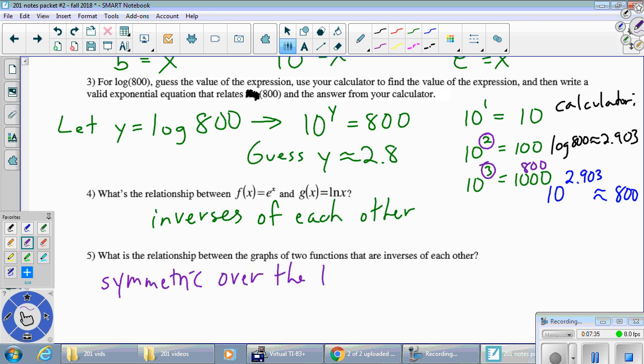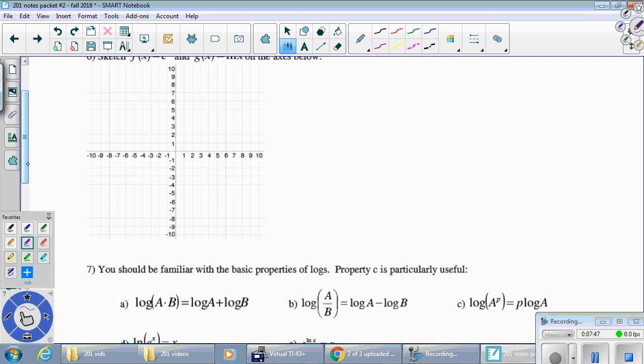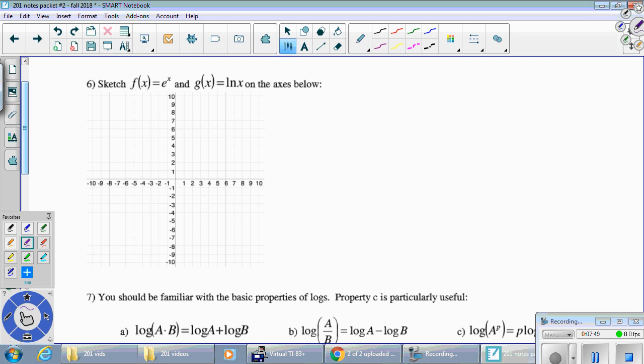They are symmetric over the line y equals x, which is the 45-degree line going through the first and third quadrants. So let's see if we can use that fact on number 6, which says sketch e to the x and then sketch ln of x on these axes below.